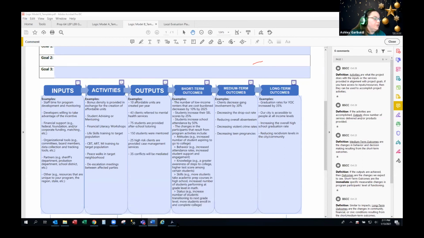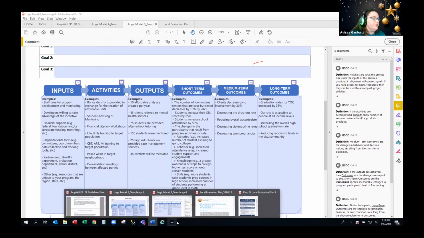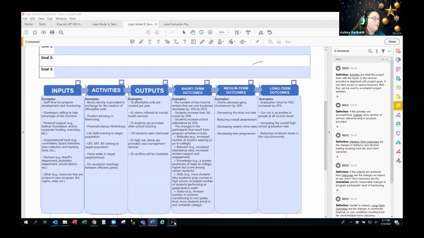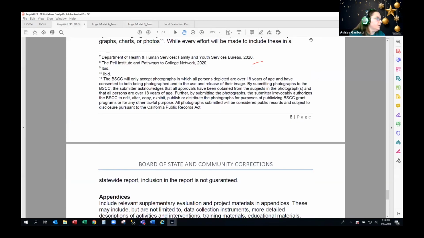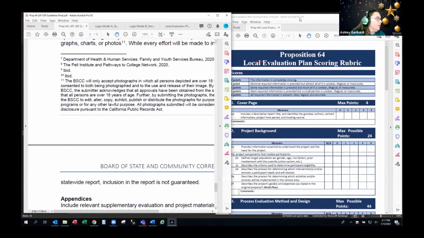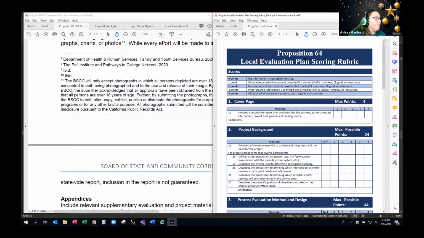So briefly, Helene mentioned, and we mentioned in the grantee orientation, we have a thing called an LEP rubric. So I'll pull that up right here, and then I'll pull that up next to our guidelines. So the local evaluation plan scoring rubric is basically a tool that we as a research unit created to help us evaluate your plans consistently.